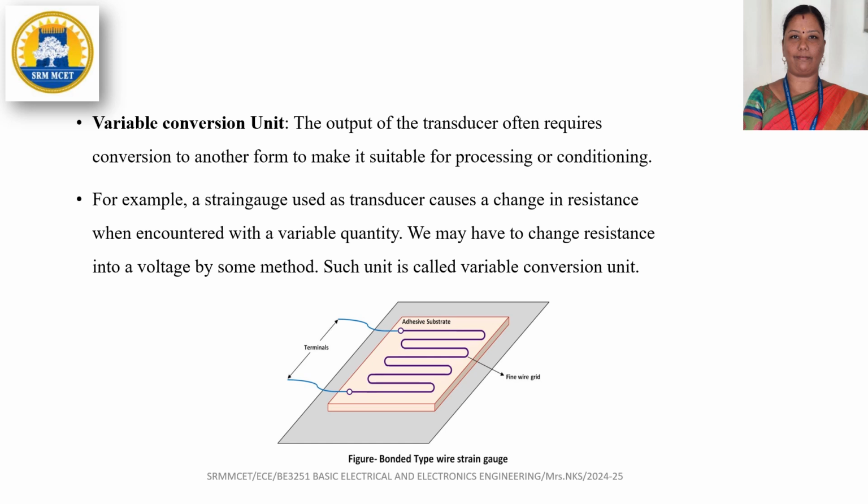For example, the output of one transducer might be a physical quantity, but it is not suitable for processing or transferring to another place. So it has to be converted into an electrical signal preferably, which is easily transferable, which means transmittable or controllable.